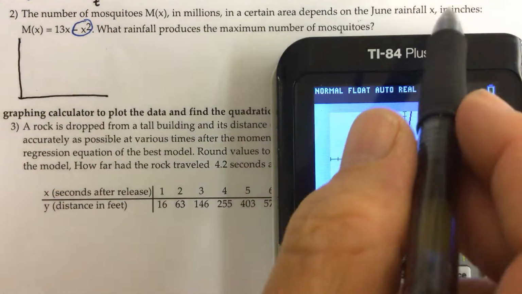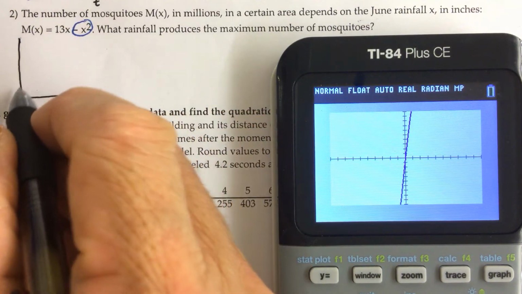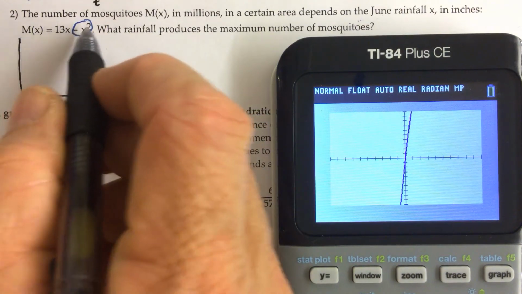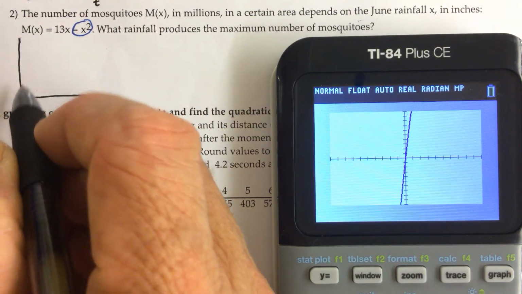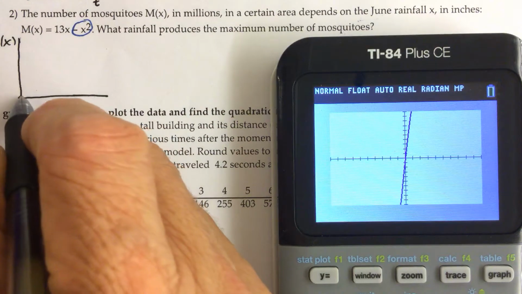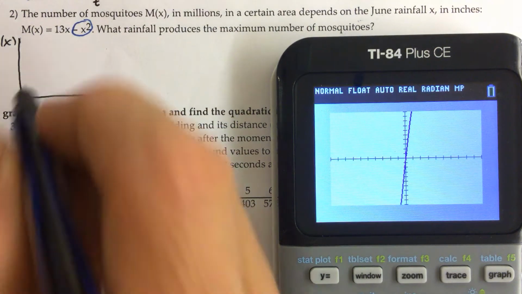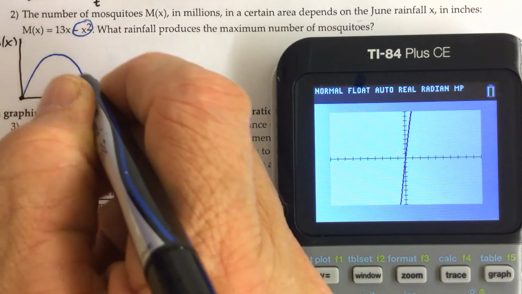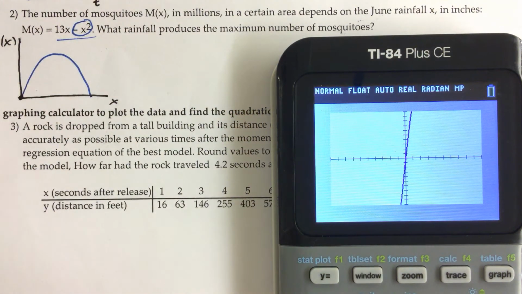If x equals 0, no rainfall means no millions of mosquitoes, so we have 0, 0. If we plug in x equals 0, we get M of 0 is 0. So we have an intercept at 0, 0. And then it's going to go up and come back down at some point because this is a quadratic function.